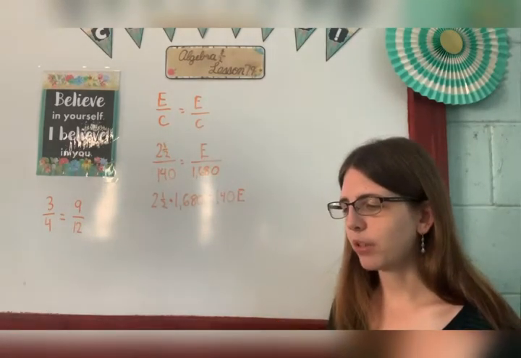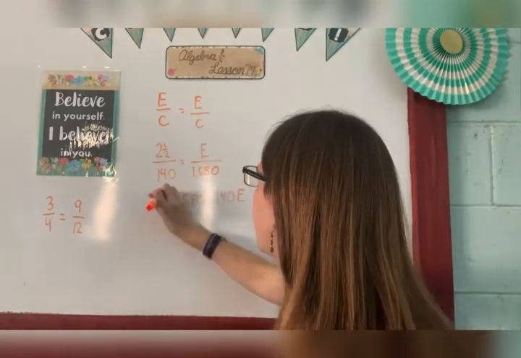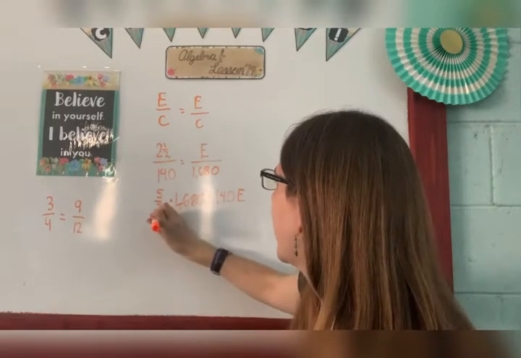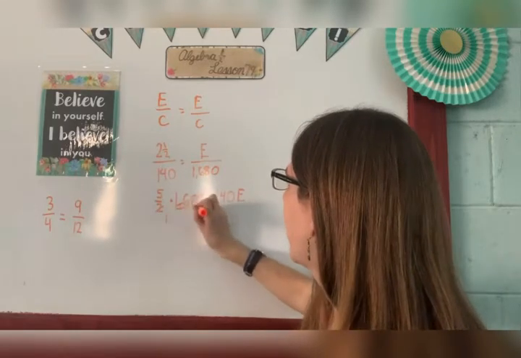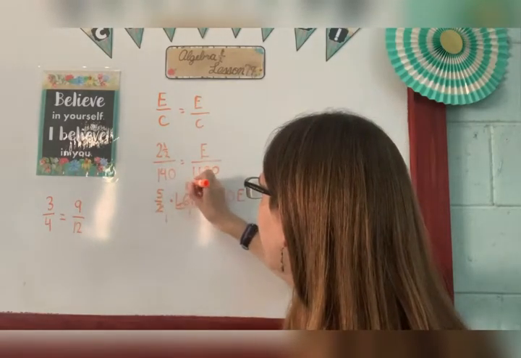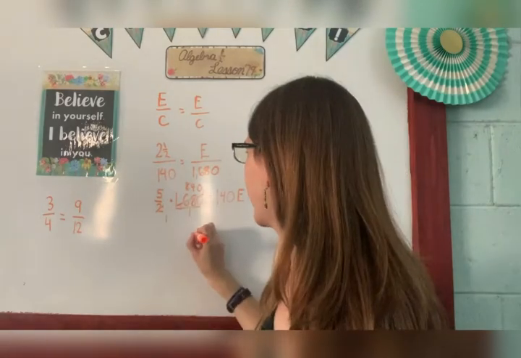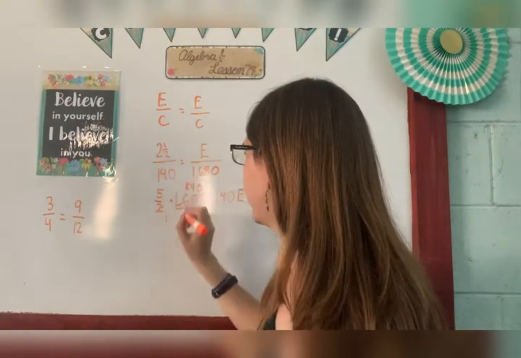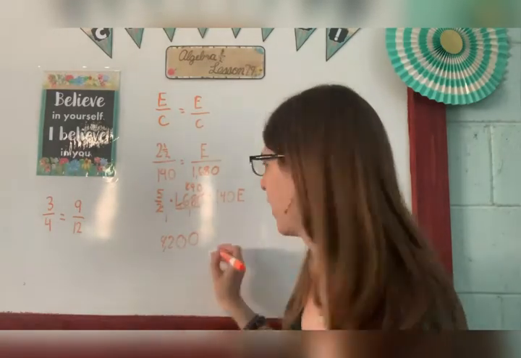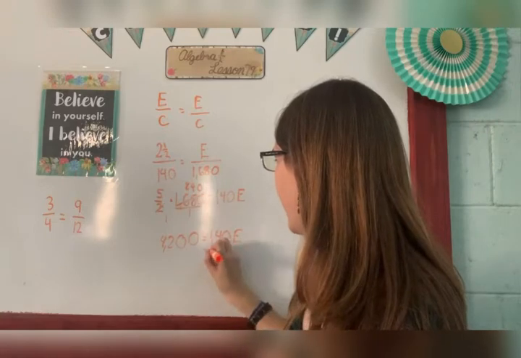Then you go ahead and multiply. So 2½ can be simplified to 5/2. 1,680 divided by 2, because we can simplify there. So 1,680 would be 840. Multiply that by 5, you get 4,200 equals 140 eggs.